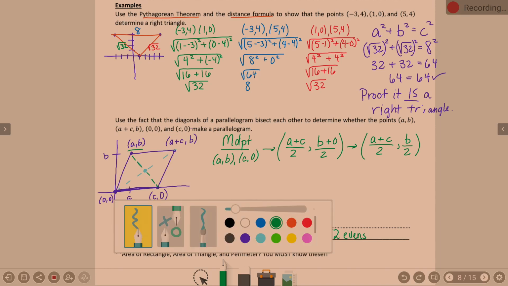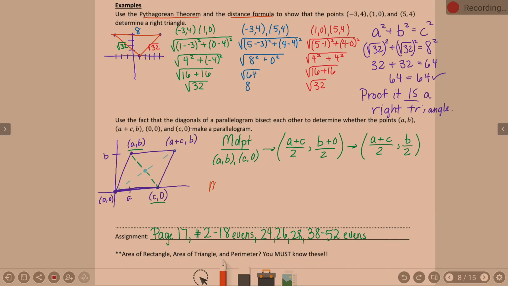Now let's do our other midpoint, from (0, 0) to (a plus c, b). Same process: x plus x is (0 plus a plus c) divided by 2, y plus y is (0 plus b) divided by 2. Do you really need the zeros?